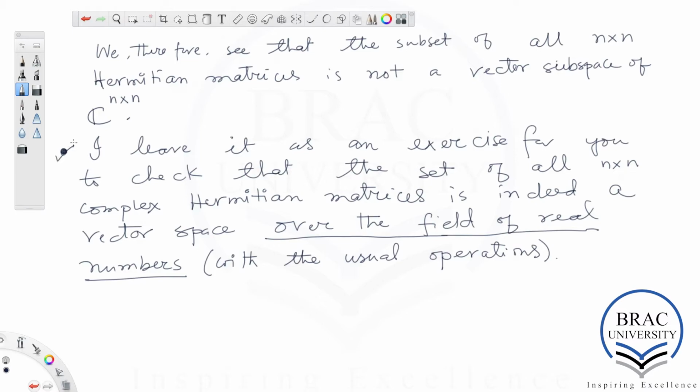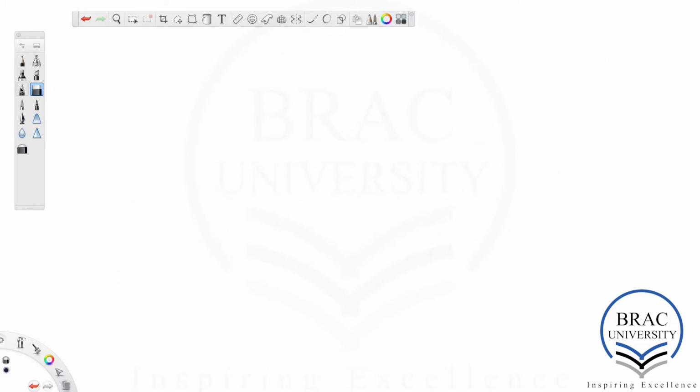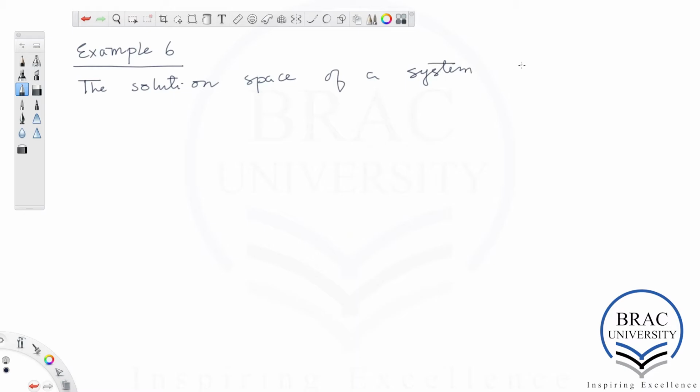Okay, now our sixth example is again related to a homogeneous system of linear equations. Example 6: the solution space of a system of homogeneous linear equations.